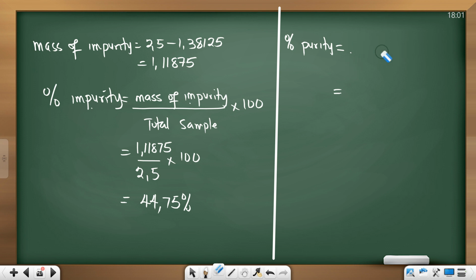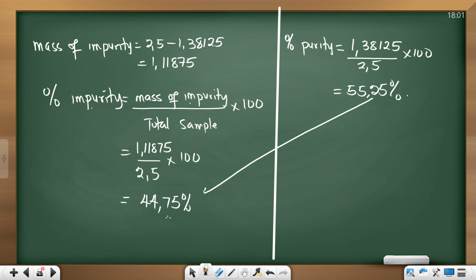And here, if we're looking for percentage purity, it is 1.38125 over 2.5, and basically that will be me subtracting this one from 100. 55 point what? Because this and this should give me what?